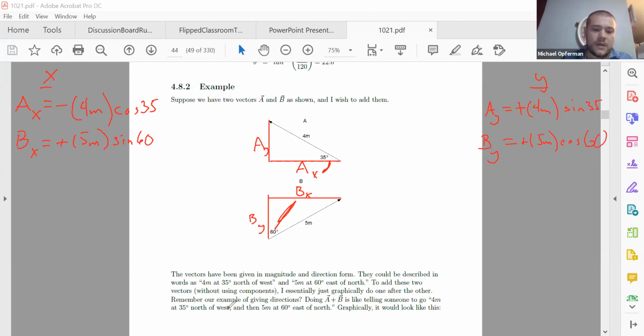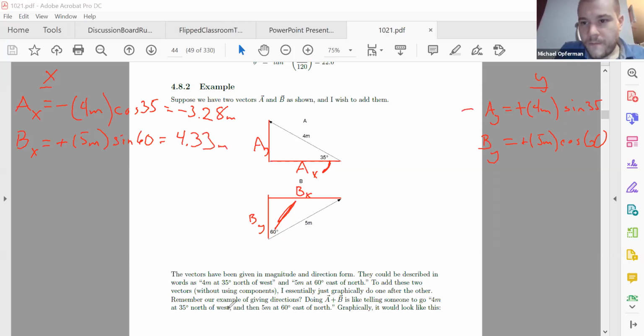All right, and let me crunch all these numbers. Cosine of 35 times 4. So this is negative 3.28, and these are all in meters. Sine of 60 times 5 is positive 4.33.